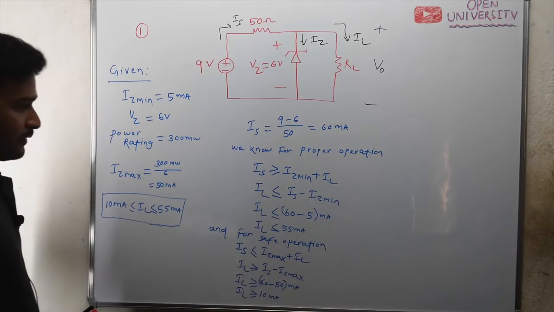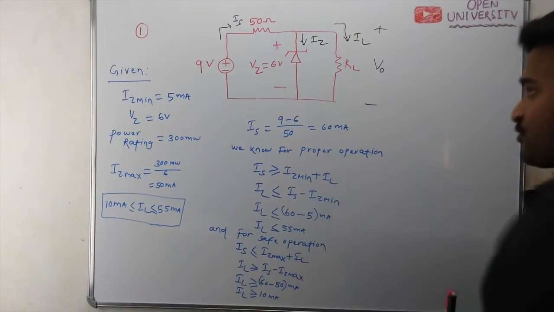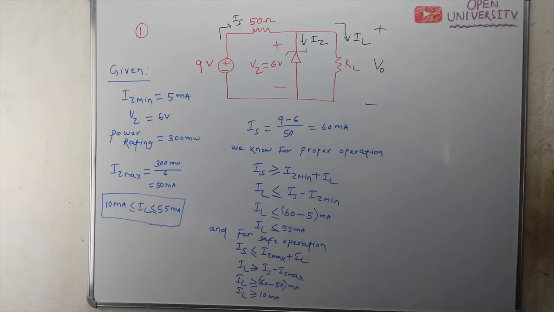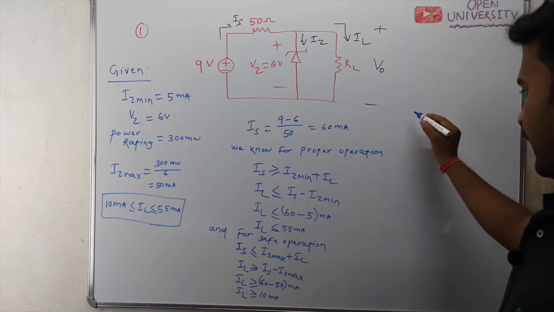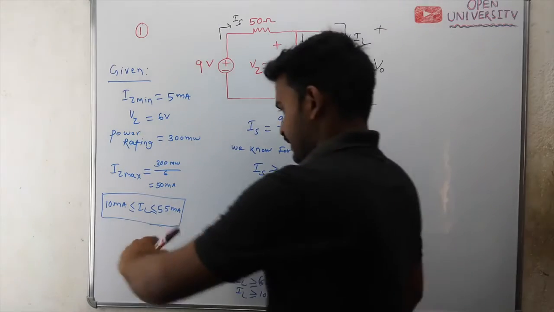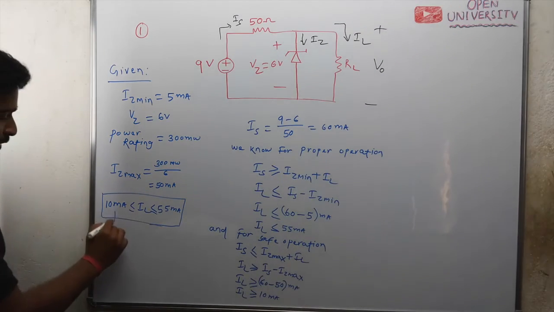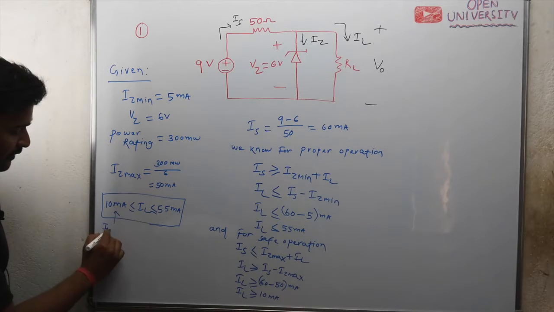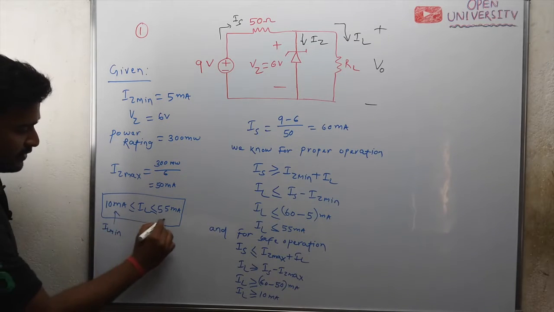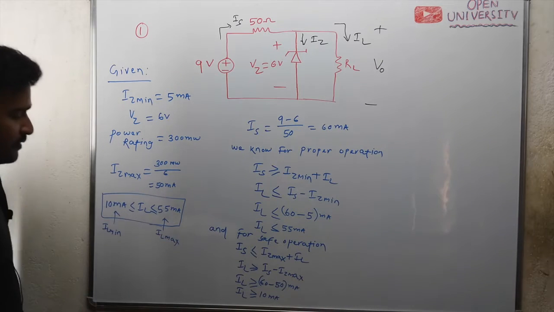The next question is about the range of load resistance. This is your minimum load current, IL min, and this is your maximum load current, IL max.